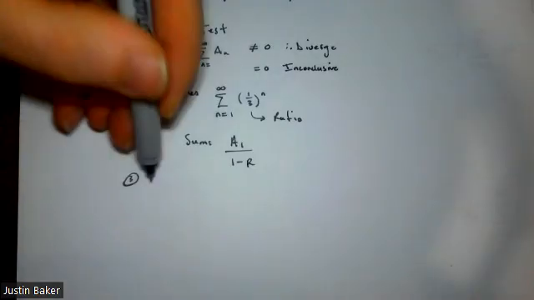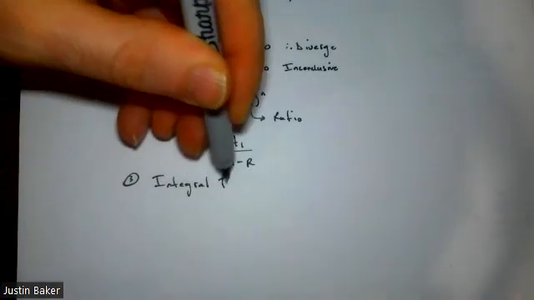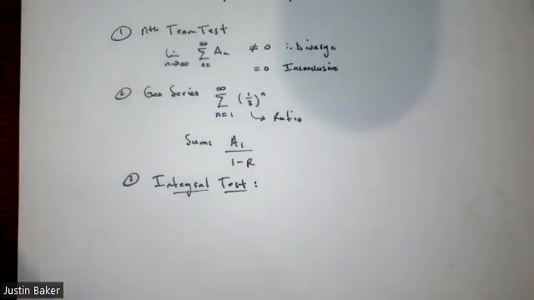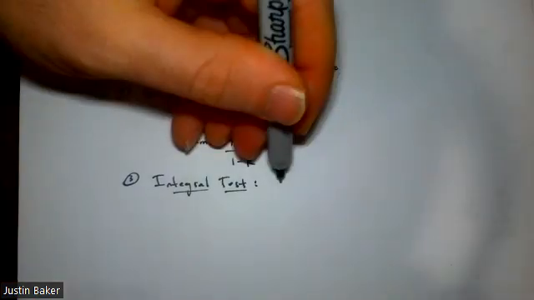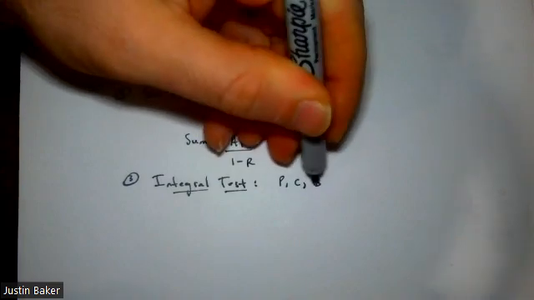Last night, we looked at the integral test. And what do we know about the integral test? We said that you have to have something be positive, continuous, and decreasing.